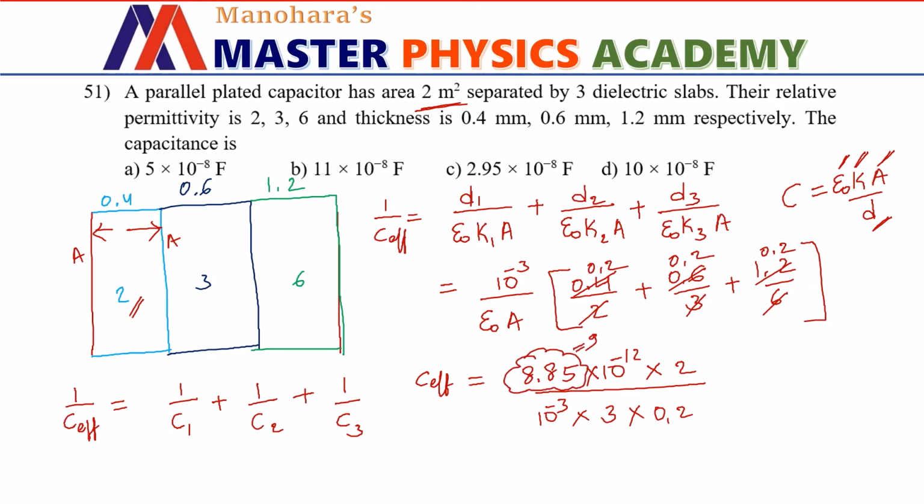And 3 threes are 9, 0.2 ten times is 2. So the answer we are getting is 3 into 10 to the power minus 8 farad. But the answer should be a little less, because we have increased the numerator for quick calculation. So if you check the options, you will come to know that option C is the right choice.